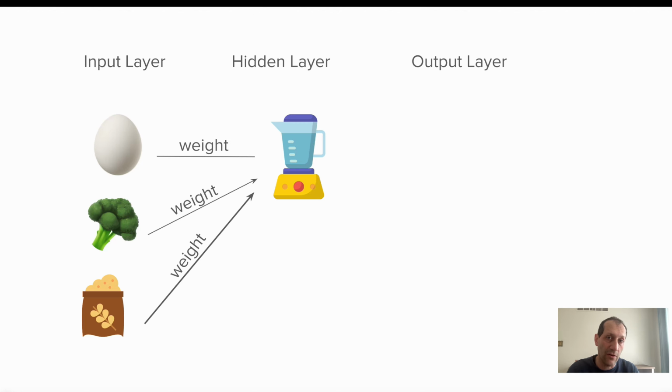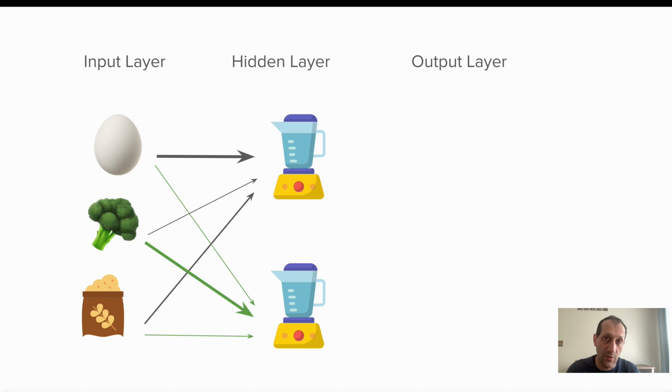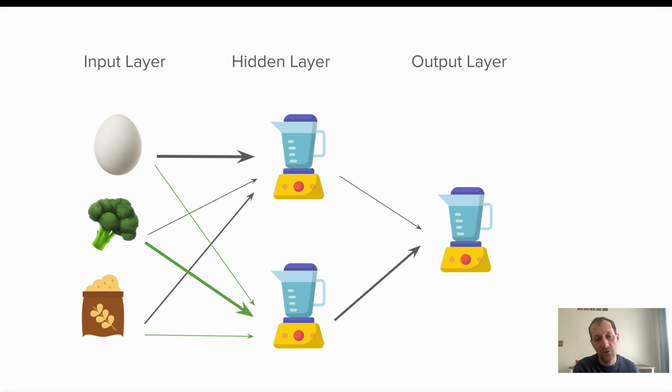It gets interesting when you add a second blender. And each of these blenders has its own set of weights, how much they will pick from any of the input. Here, for example, the first blender takes a lot of egg, whereas the second blender takes a lot of broccoli. And then you will have a third blender to take the outputs of these two and blend them into a single output.